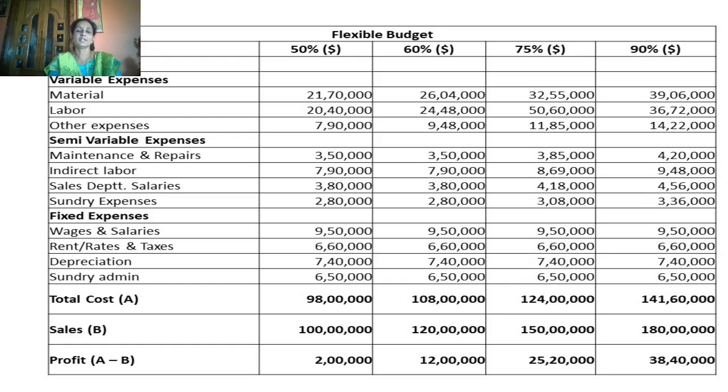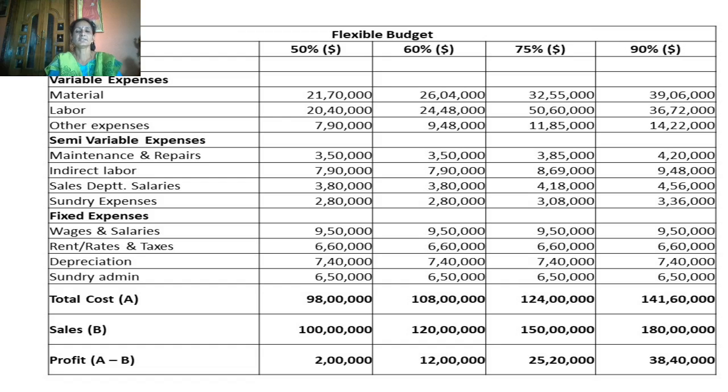Here, once you calculate for 60%, you can keep the base as 50% or even 60%. It will be the same. Either way you calculate, you will get the same amount. Here for 50%, material cost is 21 lakh 70,000. For 75%, how much? Again you cross multiply 21 lakh 70,000 into 75 divided by 50.